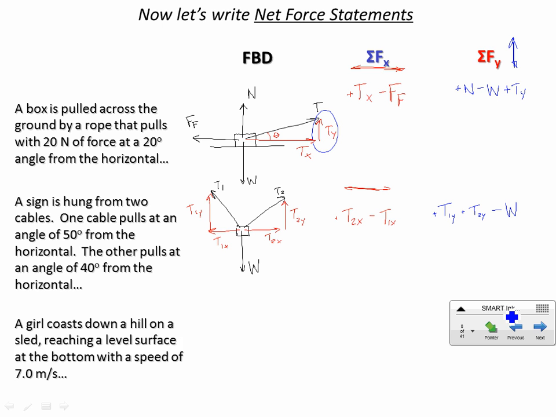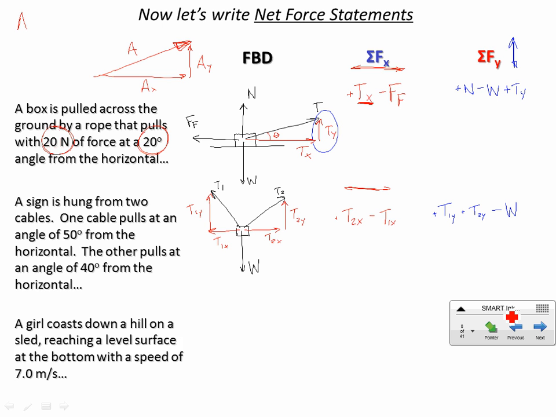I'm going to go to the next phase. It's nothing new. The question is, how are we going to find Tx? Well, if you know what T is and you know what the angle is, remember that from projectiles? You better. How do you find the components of any old vector A? Here's Ax, here's Ay.